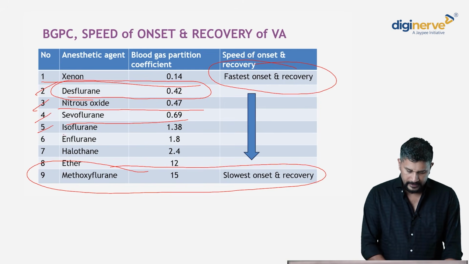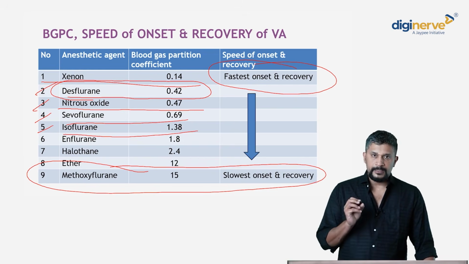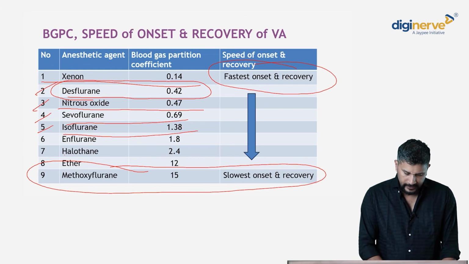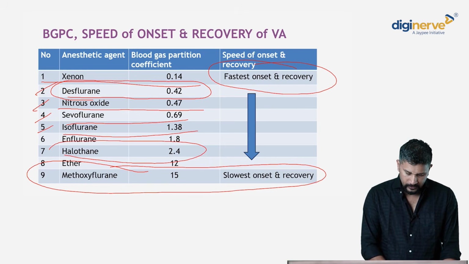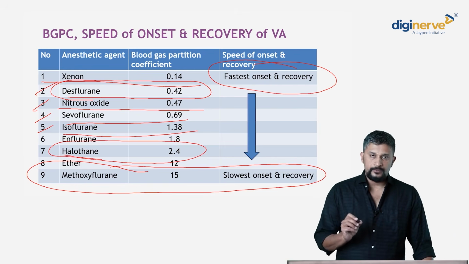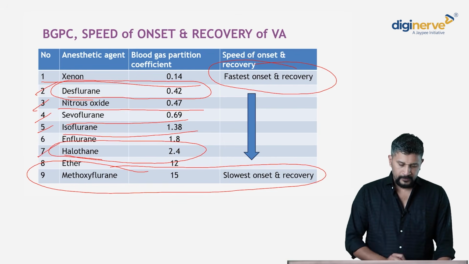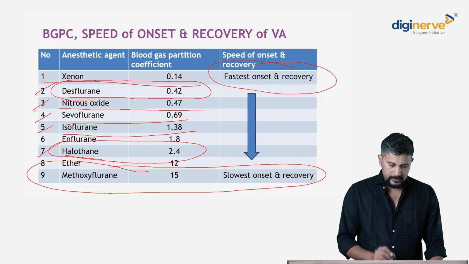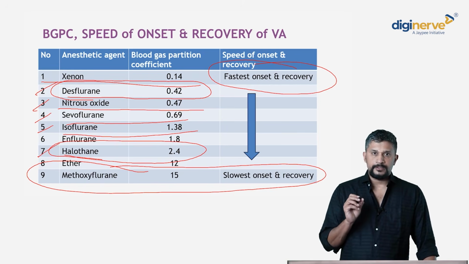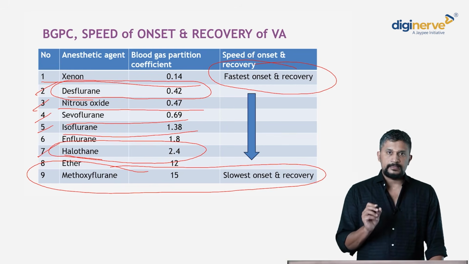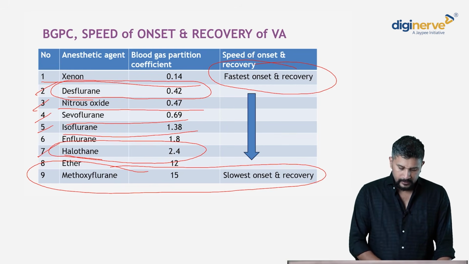Isoflurane has a blood gas partition coefficient of 1.38. Halothane again is something which acts quite slowly. It has a blood gas partition coefficient of 2.4. So these are the things you need to remember. Xenon with a blood gas partition coefficient of 0.14 has the fastest onset and recovery.